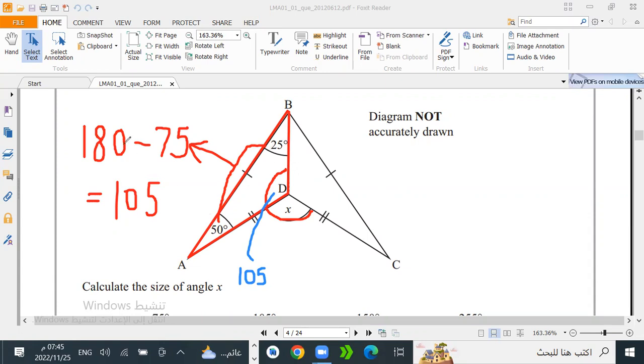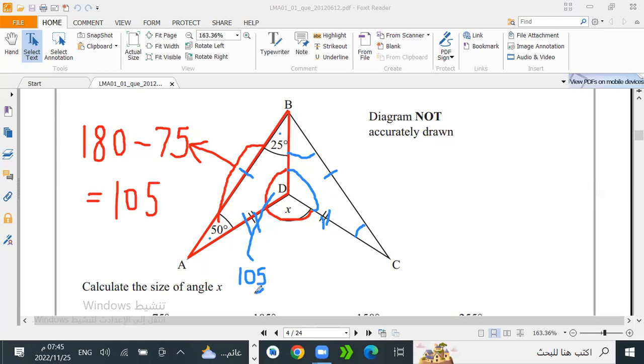Now let me tell you this. Take a look at the shape. This side is the same as this side, and this side is the same as this side. That means this angle is the same as this angle, and this angle is the same as this angle, and D is the same as this angle.